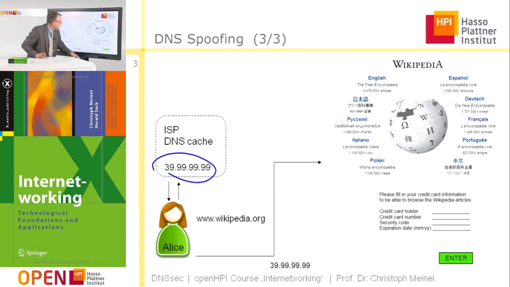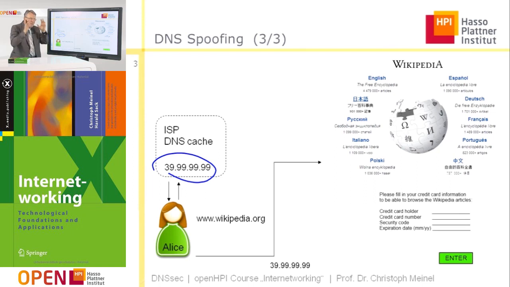But if you look in more detail, here the user is asked to enter a credit card number, a security code, an expiry date, and others. This is the manipulated site. This is not the right Wikipedia site. This is the site Mallory showed with a different IP address.